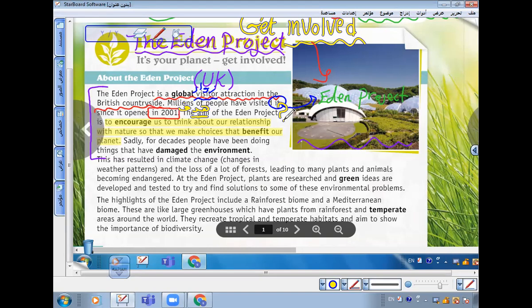To encourage us to think about the relationship with nature. It gives us the chance to think about the relationship with nature. So when you decide to go to Eden Project, you start to use your senses in order to think about our relationship with nature.